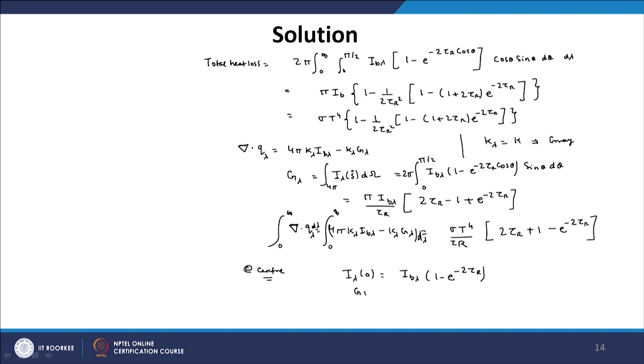So, G lambda at the center is simply equal to 4 pi I_B lambda times 1 minus e to the power minus 2 tau r, and del dot q will be simply equal to 4 kappa sigma T power 4 e power minus 2 tau r. So, this is the del dot q at the center and this is del dot q at the surface.